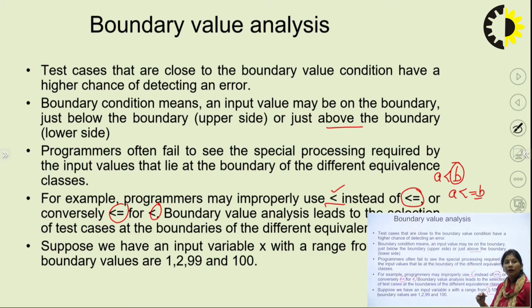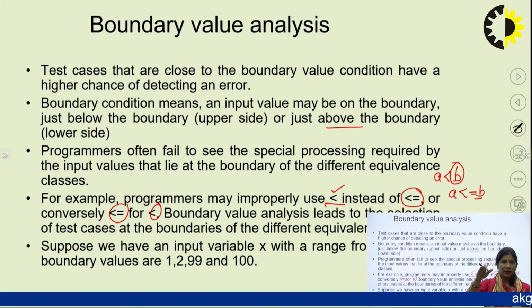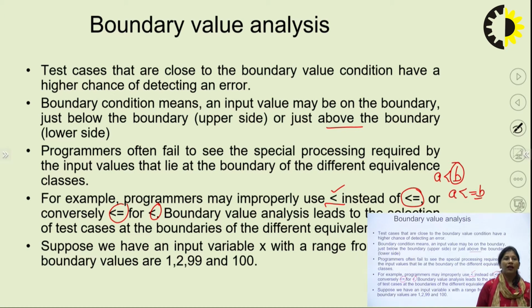Then we have the value on the boundary, and just below the boundary on the upper side, that is 99, with 100 at the boundary. So at the boundary we will have 1 and 100, but we will include the 2 and 99 as well.